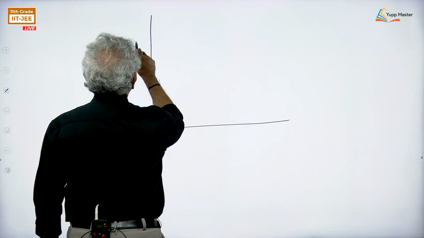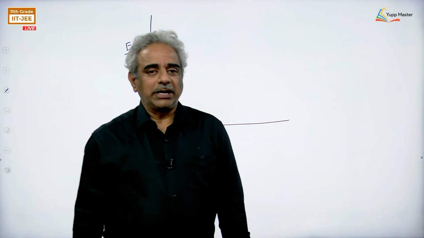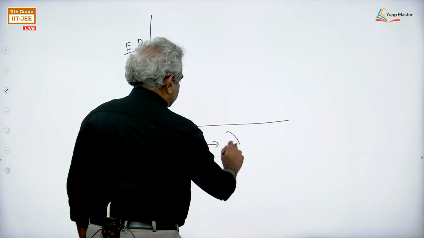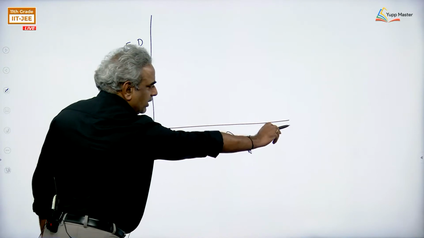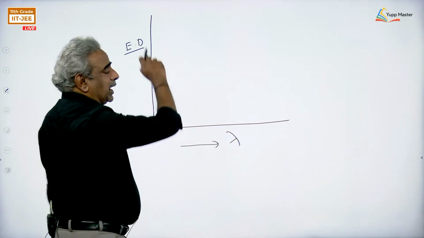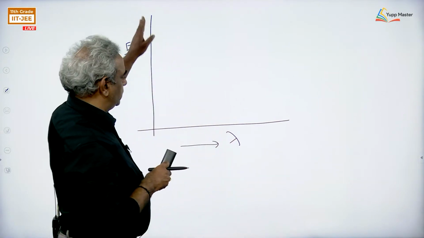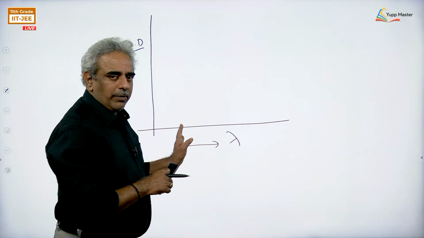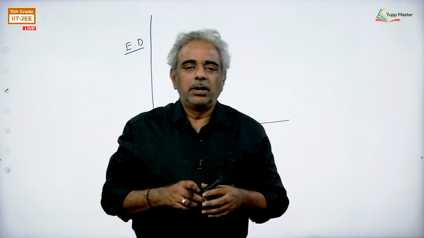We can say energy density on y-axis, and you can think of wavelengths on x-axis. Here low wavelength, here high wavelength, low intensity, high intensity, bright intensity up, dull low. Left, low wavelength, right, high wavelength. Keep it in mind.